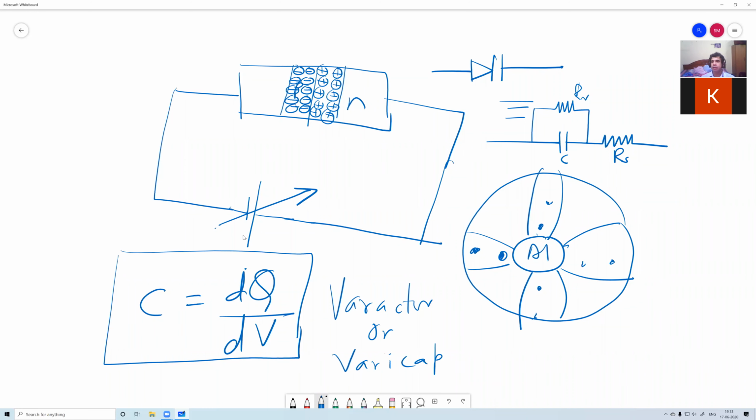Okay. Now, can you think of some applications of this varactor diode? Where can this be used? Can you think of some circuits? Actually, some nice coincidence, this discussion can be taken to the next topic, the Q factor. Anybody can think of some application where we can use varactor diodes?